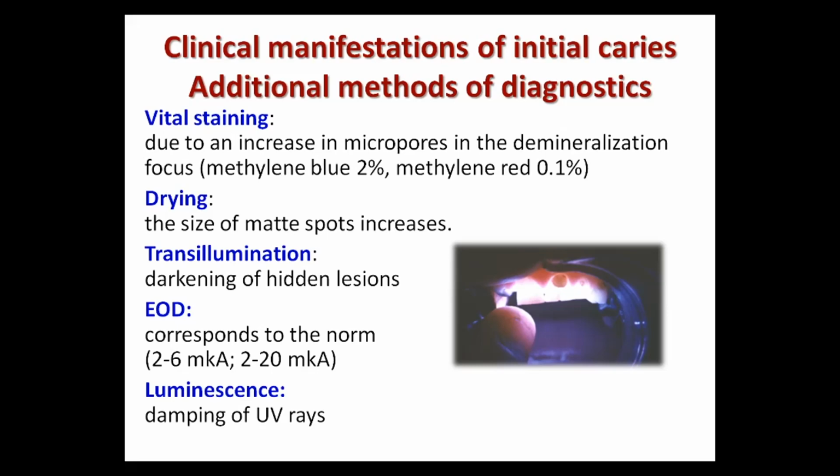Next method, transillumination. It's darkening of hidden lesion. Electroodontodiagnostic corresponds to the norm, about 2 to 6 microampere in the frontal teeth, or from 2 to 20 microampere in posterior teeth. Luminescence is damping of ultraviolet rays.